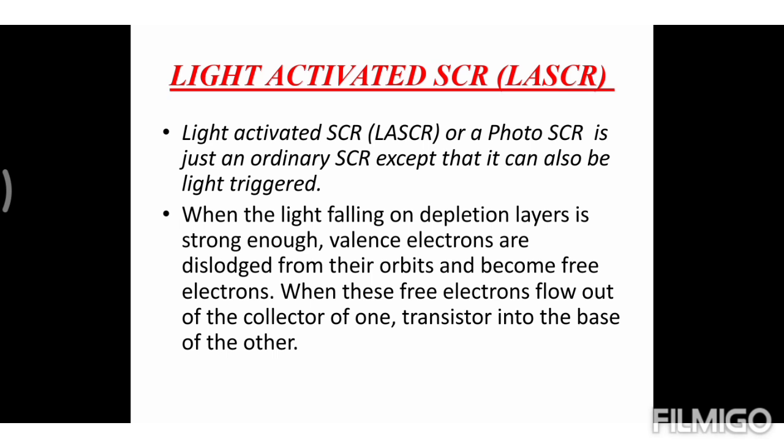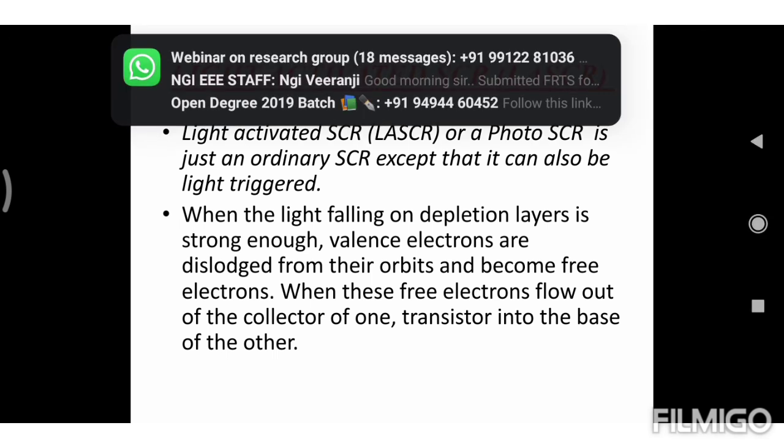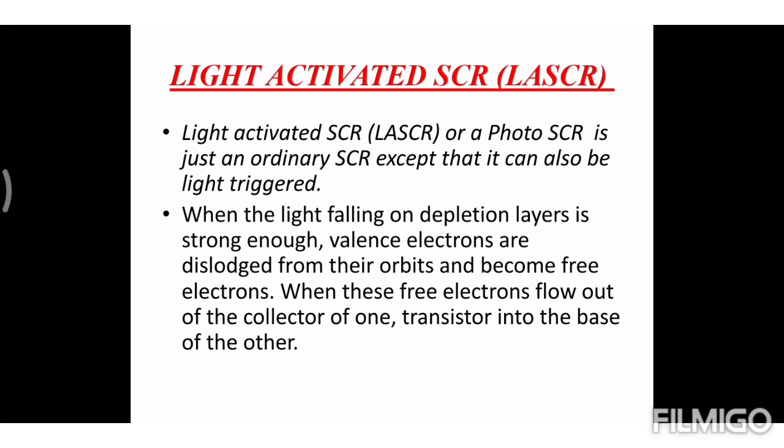Then these free electrons flow out of the collector of one transistor into the base of the other. So because of the light applied on the SCR, these electrons move from base to collector.